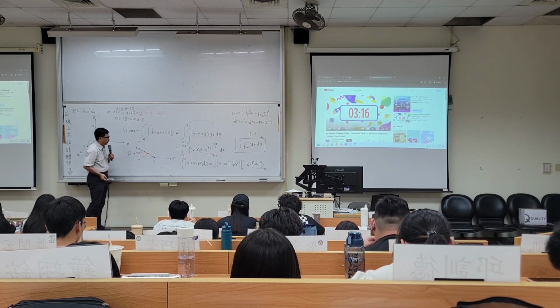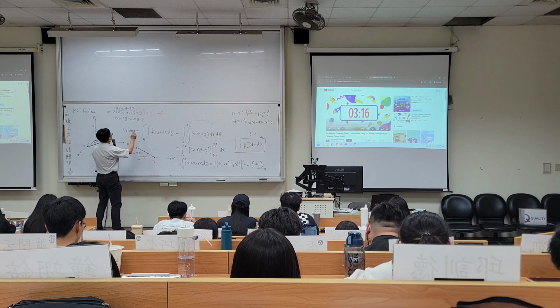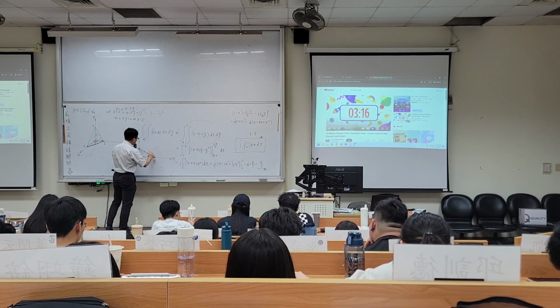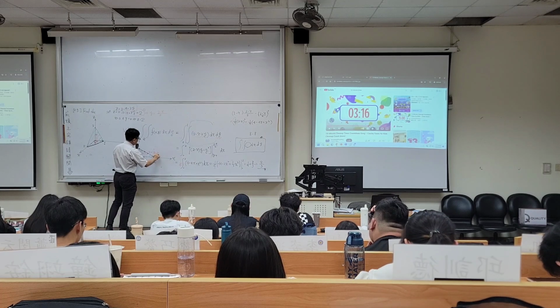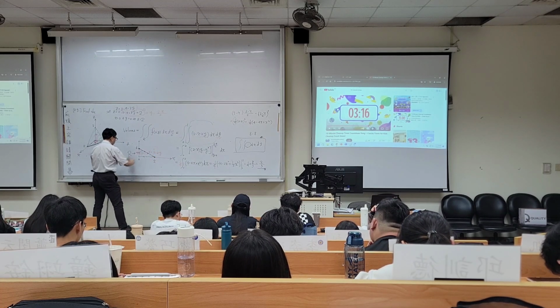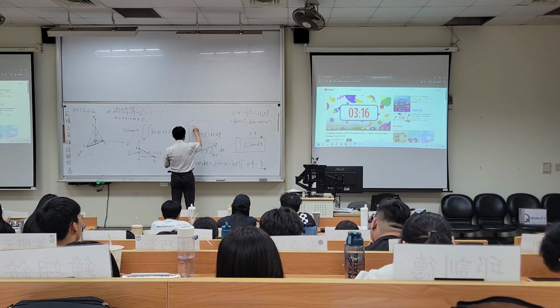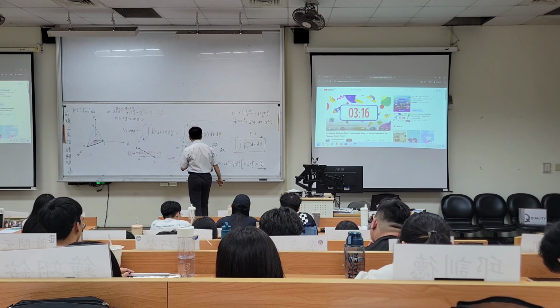When I fix y, x would be equal to 2 minus 2y. So it is 0 to 2 minus 2y, okay?